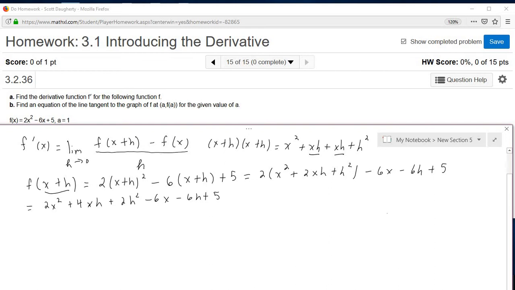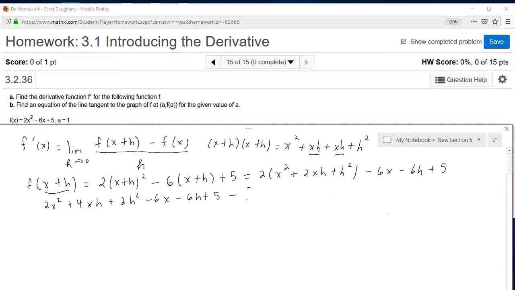Now, if you go back to the original formula, then after that, you have to subtract f of x off. So I'm just going to erase this equal sign. This is f evaluated at x plus h, so I'm going to go back to this original formula. That's this first piece right here. And then I'm going to subtract f of x off of that.